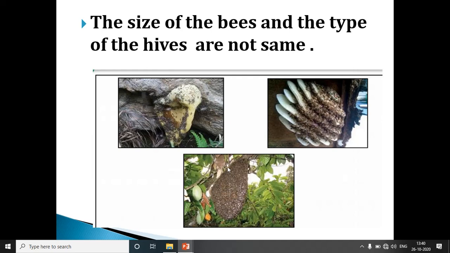The size of the bees also differs, and the type of the hives also varies. Understood, children? The size of the bees and the type of the hives are not the same.